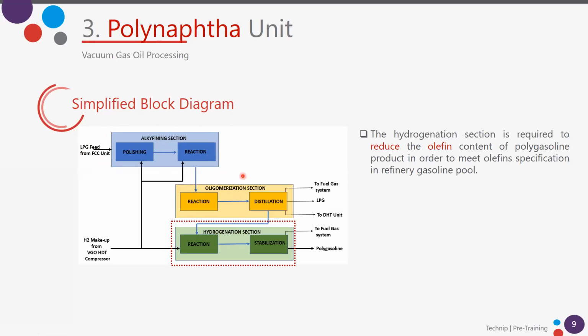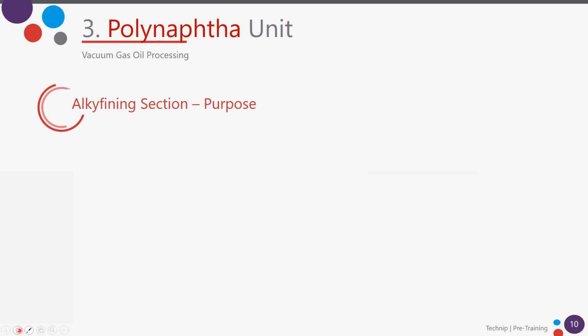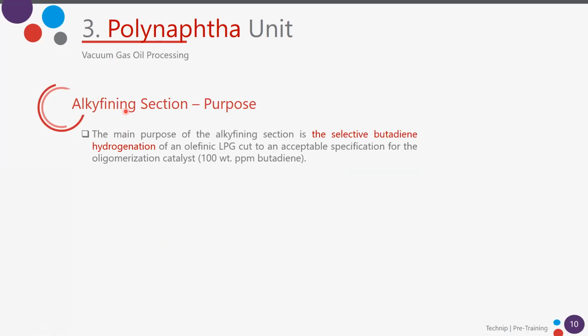So we will see how we will reduce the contaminants from the feedstock. The purpose of the alkylation section is the selective butadiene hydrogenation of an olefinic LPG cut to an acceptable specification for the oligomerization catalyst.